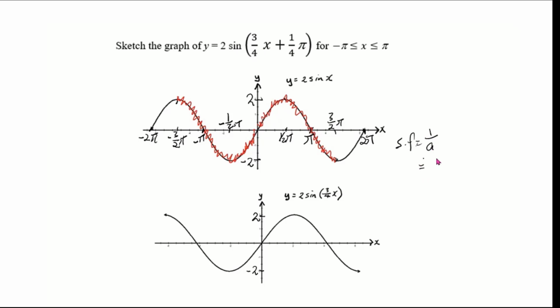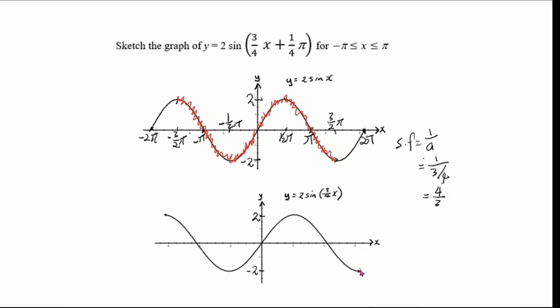In this case, a is 3 over 4. So after simplifying, we found that the scale factor is 4 over 3. And since the enlargement is an x coordinate transformation, the center of the enlargement is at the y-axis.